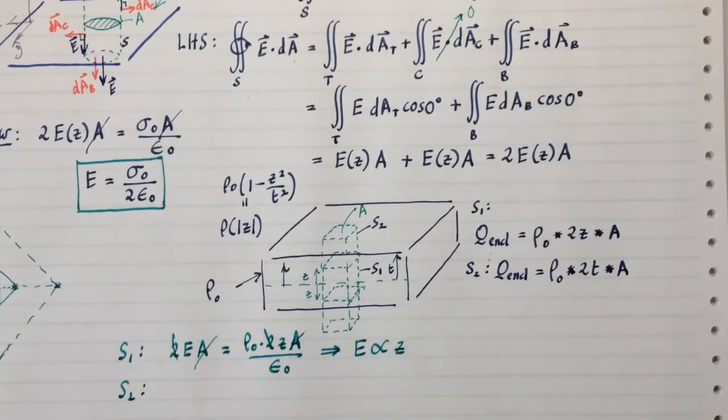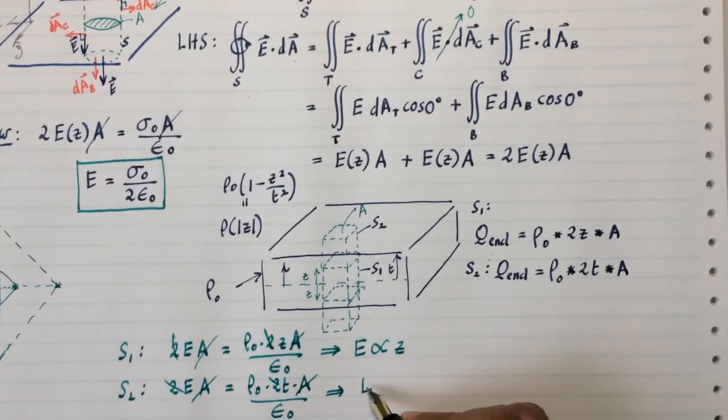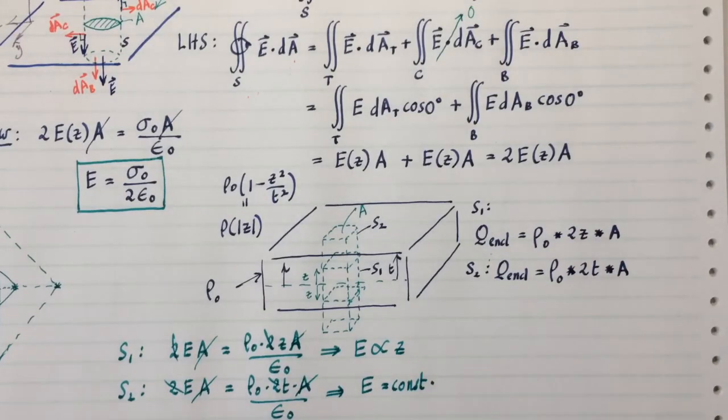For the Gaussian surface S2, I'm going to get 2EA equals some constant value here, which is rho naught times 2t times A. Once again, the A's cancel out and the 2's cancel out. And here the electric field is a constant. So outside the slab, you cannot tell it apart from an infinite sheet. It looks just like that, constant electric field profile of an infinite sheet.